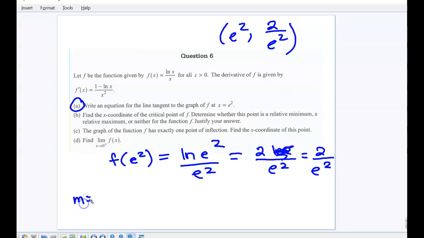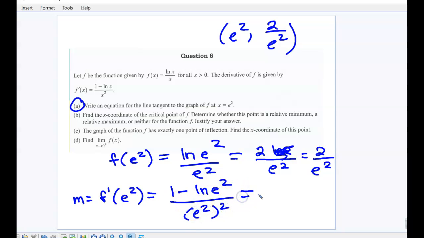Now to find the slope, it's going to be the derivative evaluated at e squared. Well, here's my derivative, so it's going to be 1 minus ln e squared over e squared squared. So this expression here is 2, and 1 minus 2 is going to be negative 1 over e to the 4th.